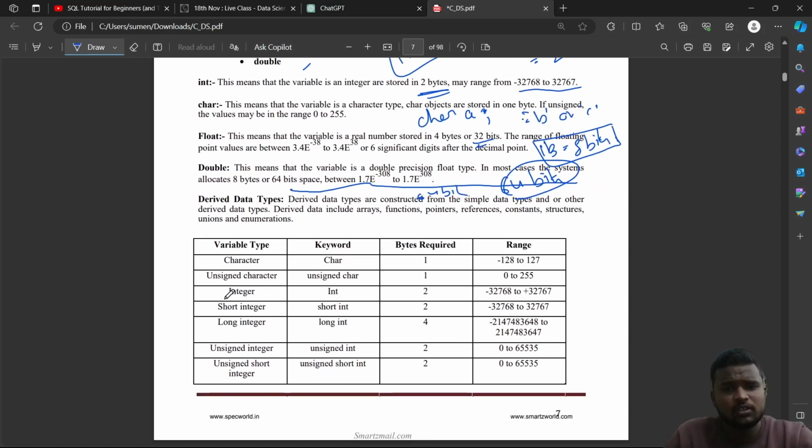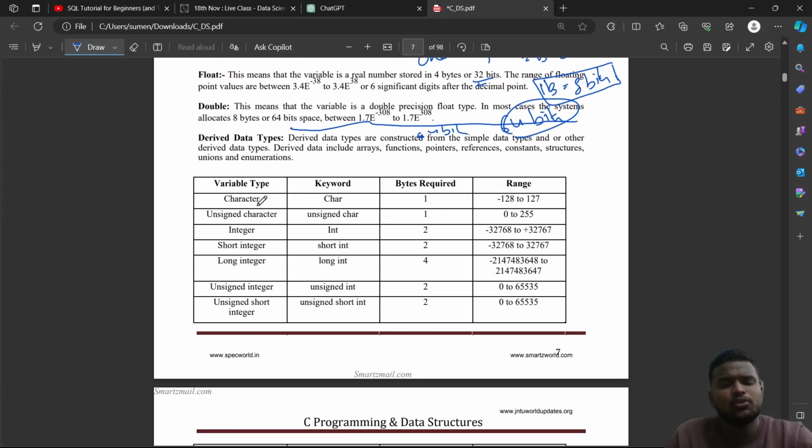Now, data types are constants from a single data type and another data type. So this is not required as of now. All you need to understand is this table. When you give the variable type as character, the keyword is char, bytes required is one. Then unsigned character. What does unsigned mean? Like I have told you, if you're representing a number, there is the MSB. If the MSB is 0 or 1, it means the number is signed.